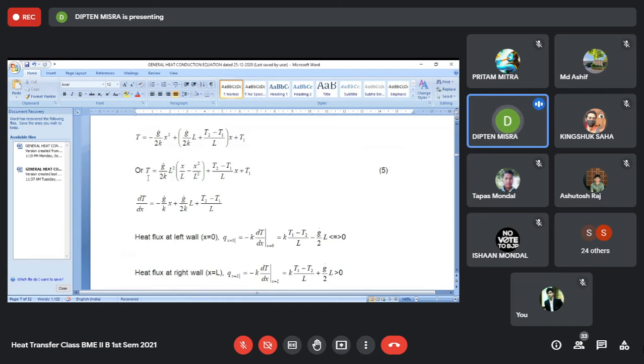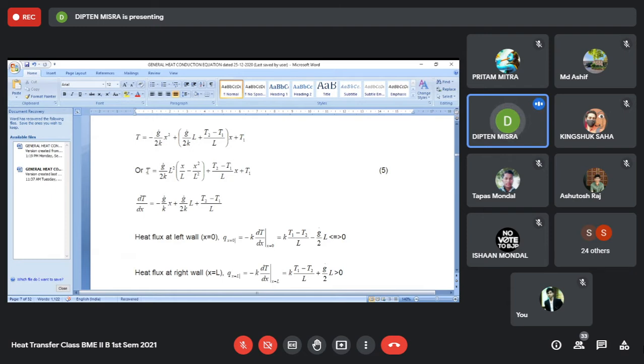Now, theta is equal to g dot L square by 2k, whole divided by T2 minus T1. What is the unit of this quantity, g dot L square by 2k? If it is a correctly derived equation, then its unit must be equal to the unit of T2 minus T1, because theta is dimensionless. So the combination g dot L square by k should also have the unit of temperature.